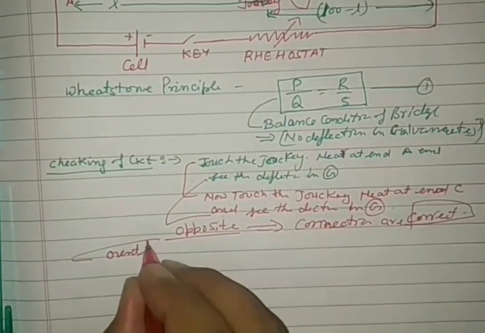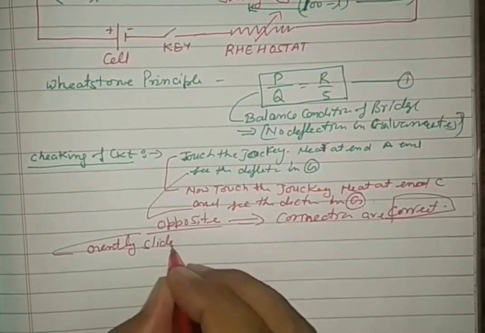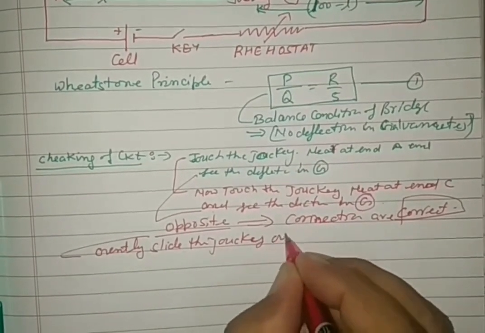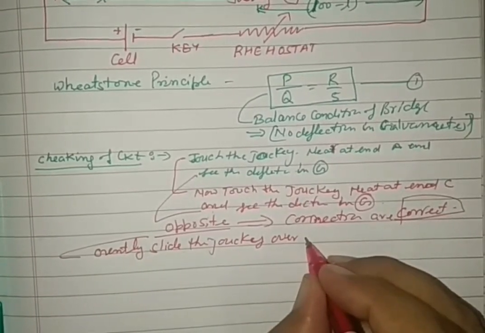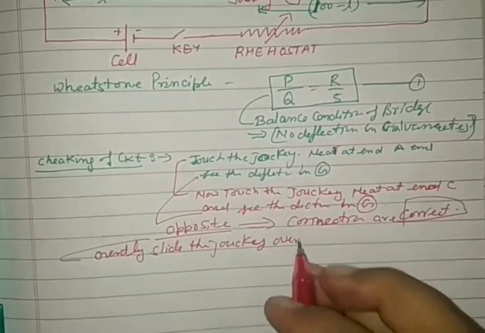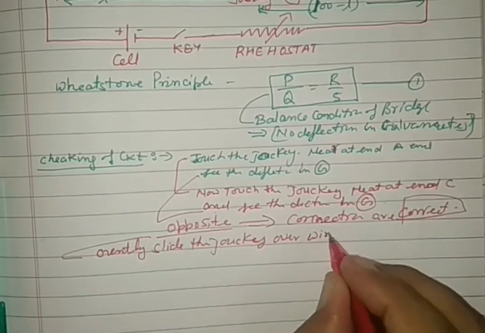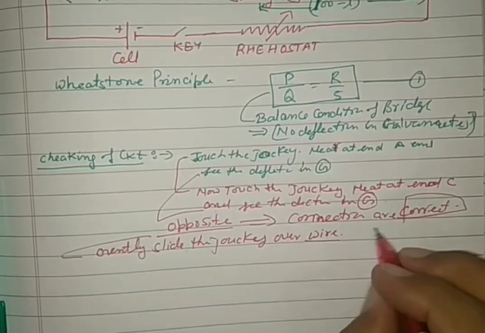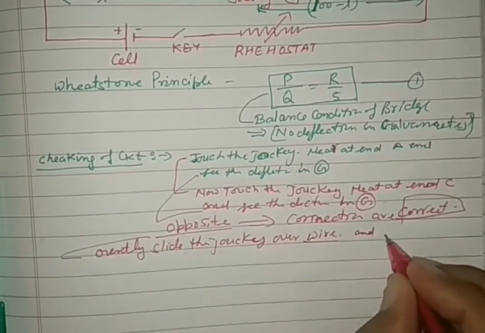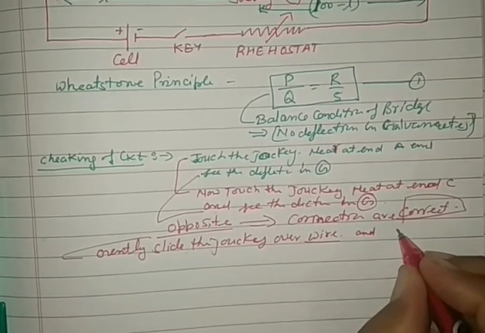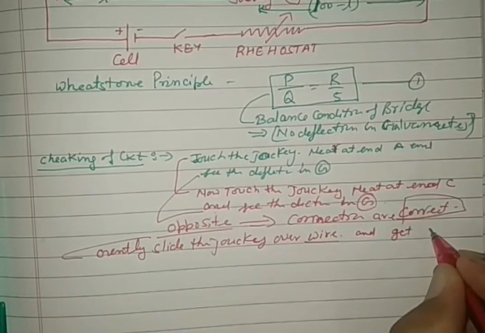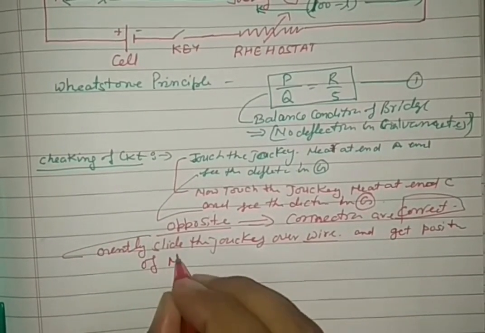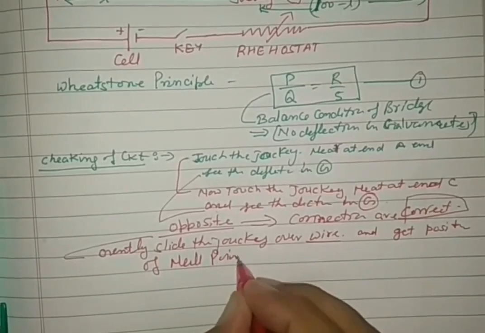Gently slide the jockey over the wire and get the position of the null point.